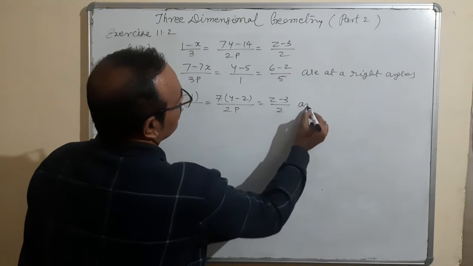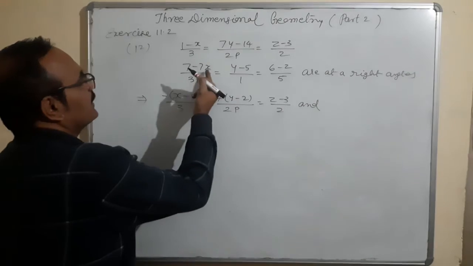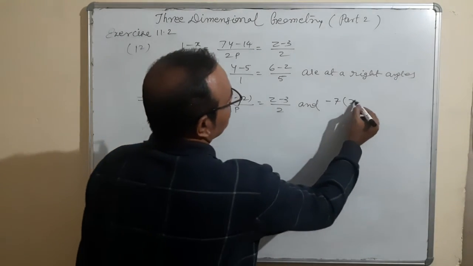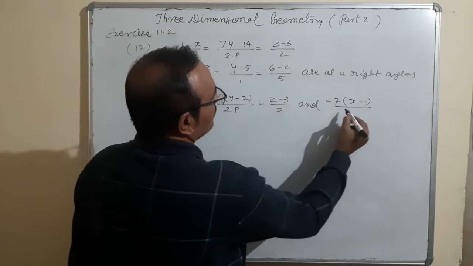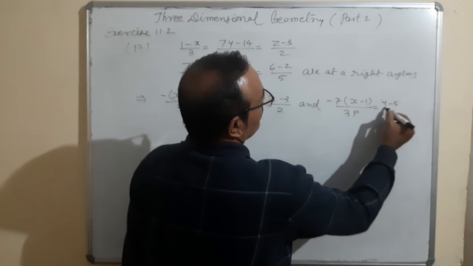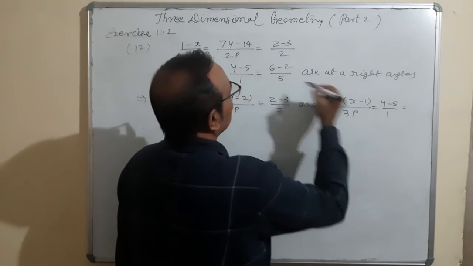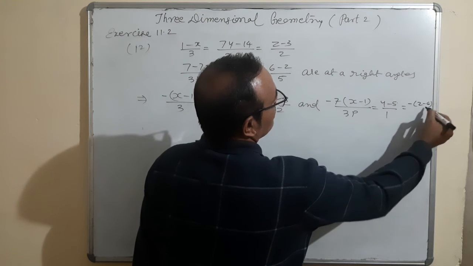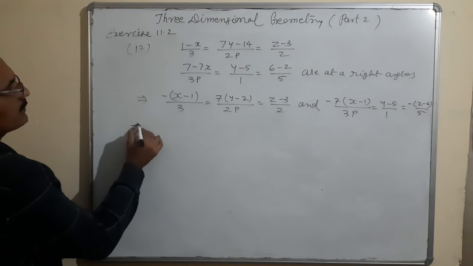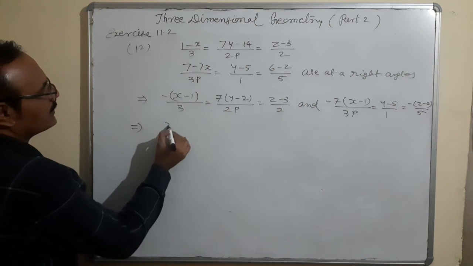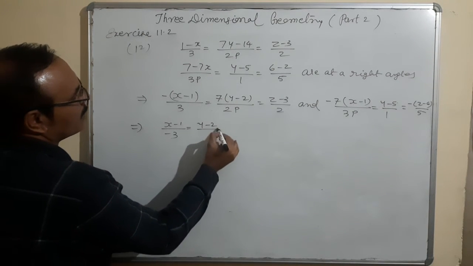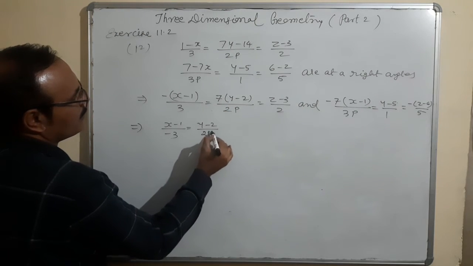And the second one, 7 minus 7x: I'll take minus 7 common, so it is (x minus 1) upon 3p is equal to (y minus 5) upon 1, and taking minus sign common, (z minus 6) upon 5. Next step, this minus sign can be written here: (x minus 1) upon minus 3 is equal to (y minus 2) upon 2p upon 7.